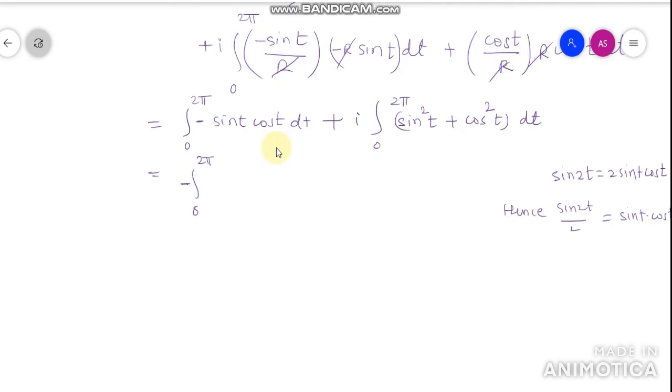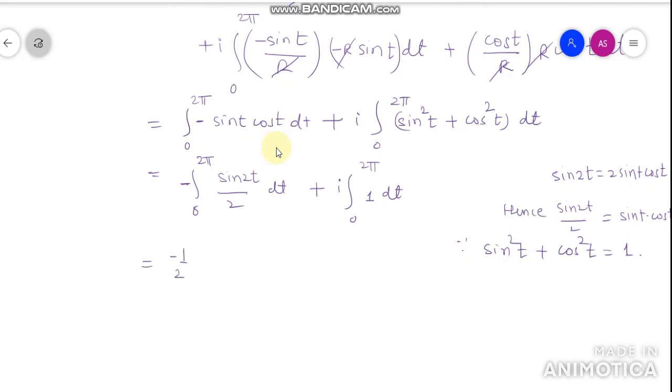Therefore this is nothing but minus sin 2t by 2 dt plus i times integral 0 to 2 pi 1 dt, since sin square t plus cos square t is equal to 1.